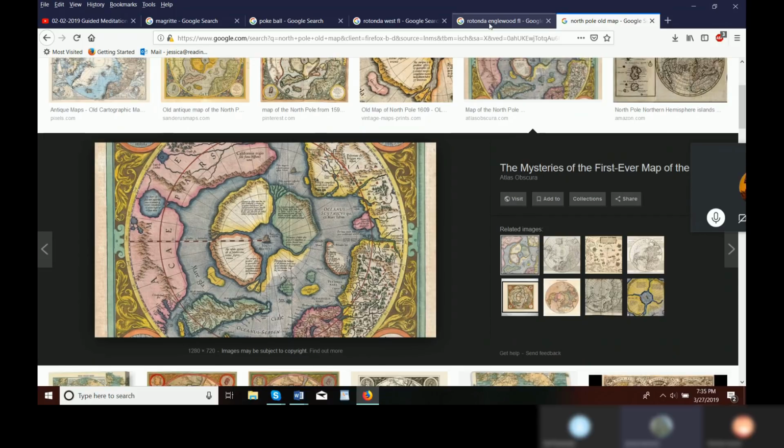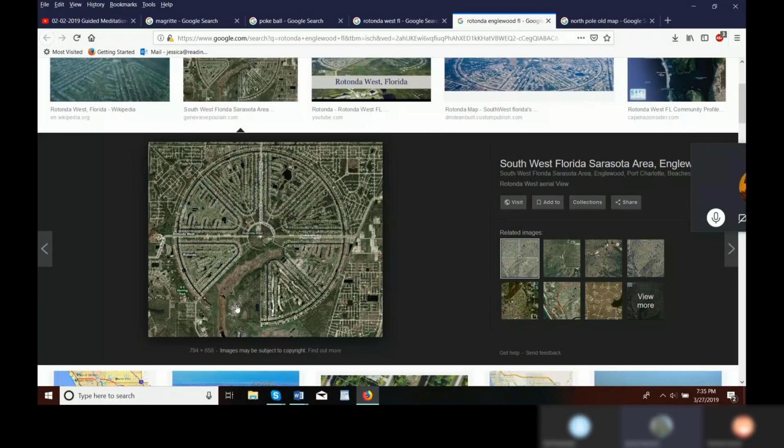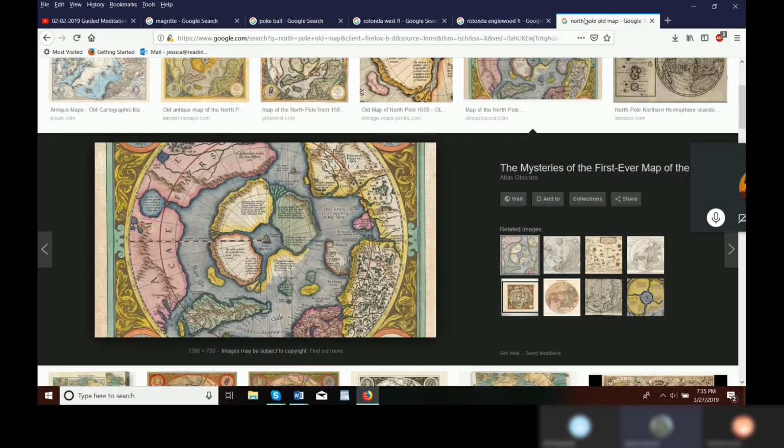But I want you to notice something. There's kind of an open space here. I don't know quite what created that, if it's water or something else. But here, it's kind of open too, isn't it? There's a little bit of a gap. I just thought it was strangely familiar to me.